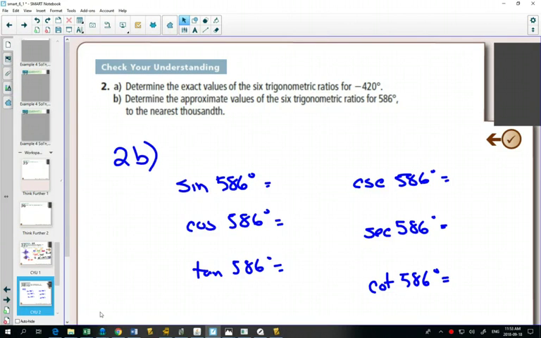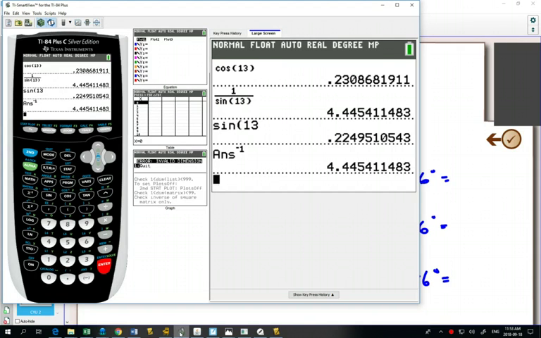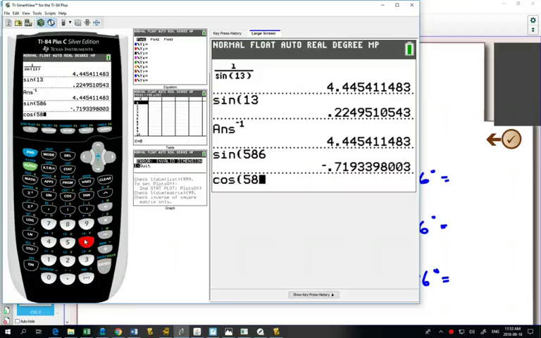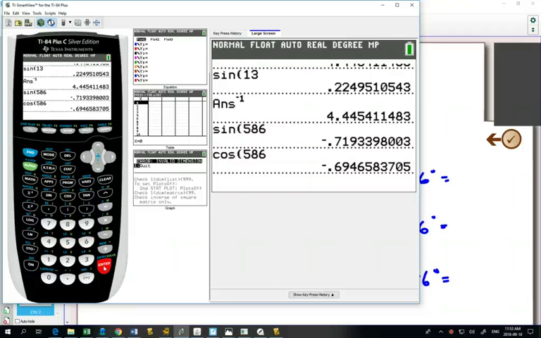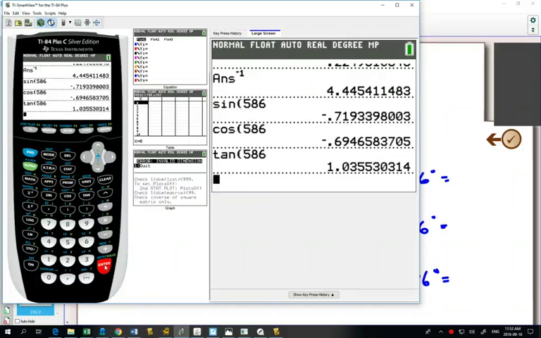So we've already discovered how to make sure that our calculator is in degrees by hitting our mode button. And now we need to write sine of 586, cos of 586, and tan of 586, and write these answers down.